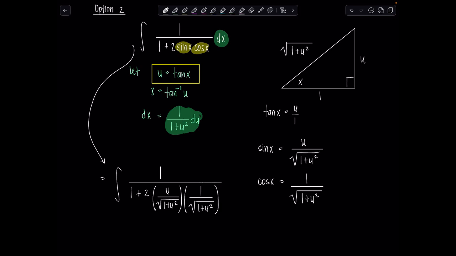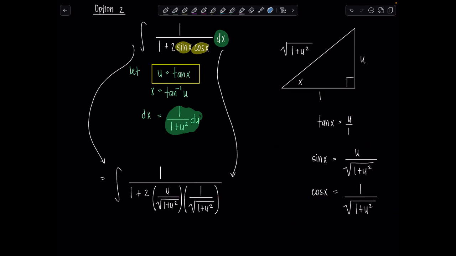And then don't forget this dx, these guys have to scoot away. dx is 1 over 1 plus u squared du. Beautiful.